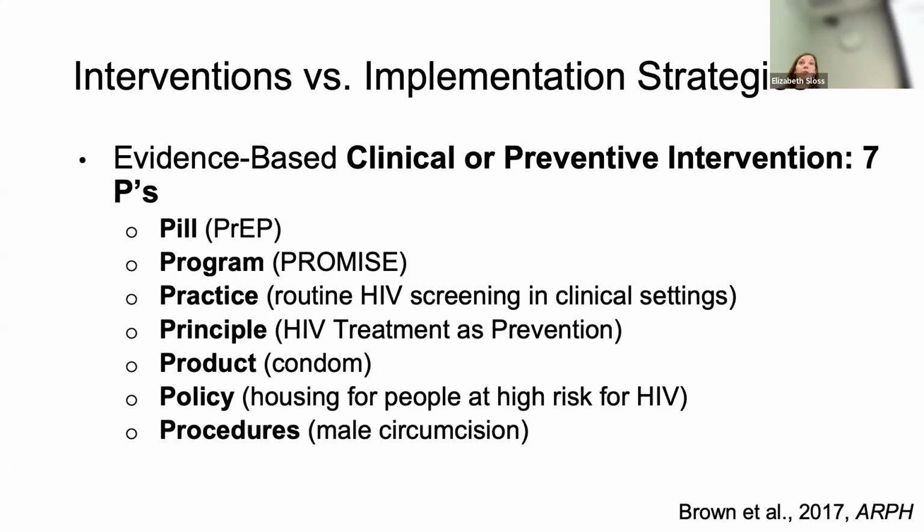It can be a principle. One of our guiding principles in this example is HIV treatment as prevention. It can be a product, a policy, and a procedure. So when we ask what is the thing you're doing, it typically falls into one of these buckets.